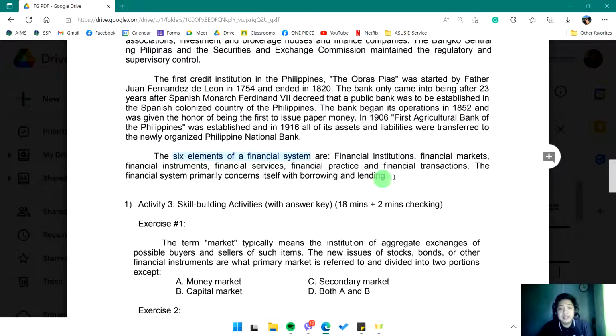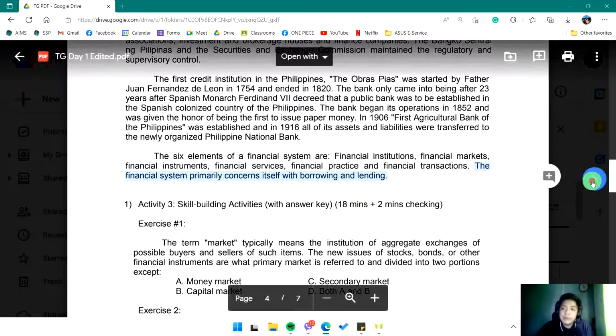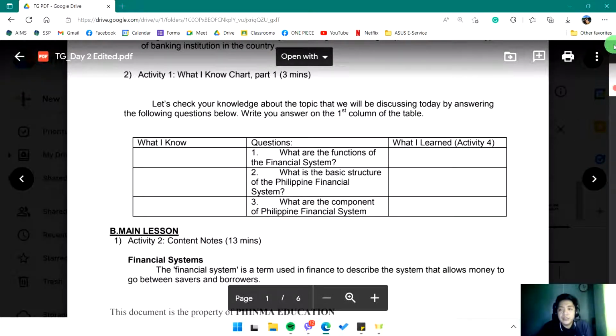So ito po yung 6 elements ng financial system natin. And really, the main objective or the main description of a financial system is the borrowing and lending na sinasabi natin during the first day that we discussed the topic or the subject. Now, we're moving forward with module number 2.